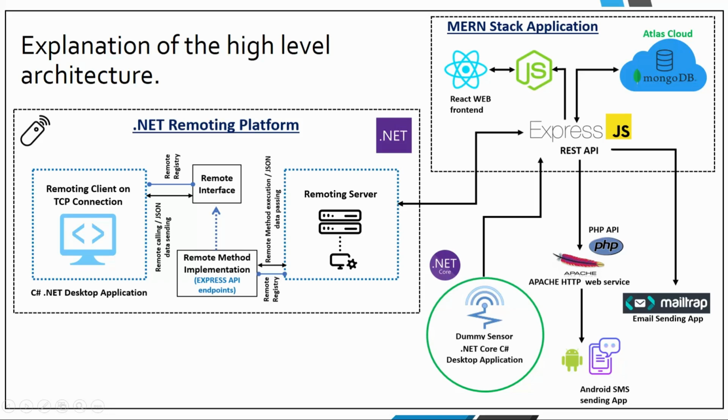The sensor will also send data to the MongoDB using the REST API. The mobile application, which is used to send SMSs to the customers, and the email application, which is used to send emails to the customers, will fetch data from the REST API. So that is the explanation of the architecture.